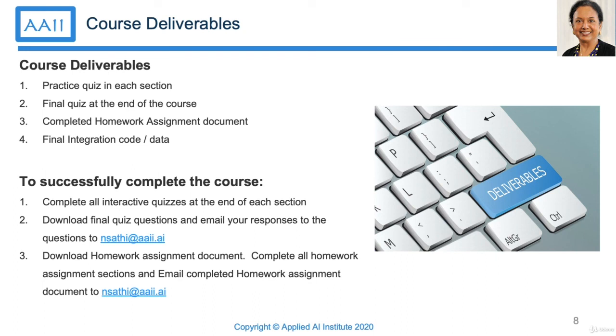Download homework assignment document from course site, complete all homework assignment sections, and document those in the homework assignment document itself. Email completed homework assignment document to nsathi@aaii.ai. Please also attach your final solution integration code and associated data via email to nsathi@aaii.ai.